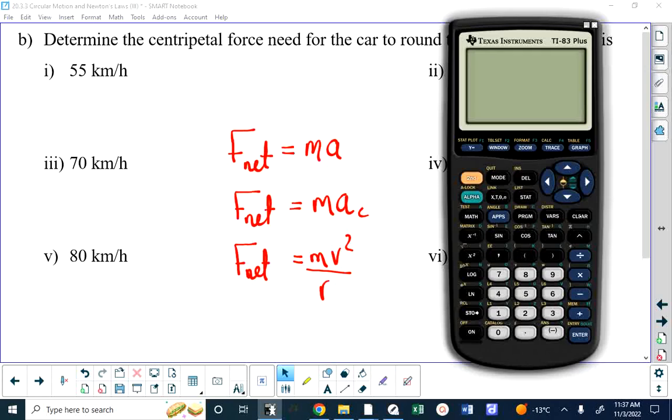But look how I do it. L1. See there's an L1 there? I'm going to go L1 divided by 3.6, and then I'm going to hit my store key. This is going to go into list 1 and take every entry and divide every entry by 3.6, and I'm going to store it as L2.